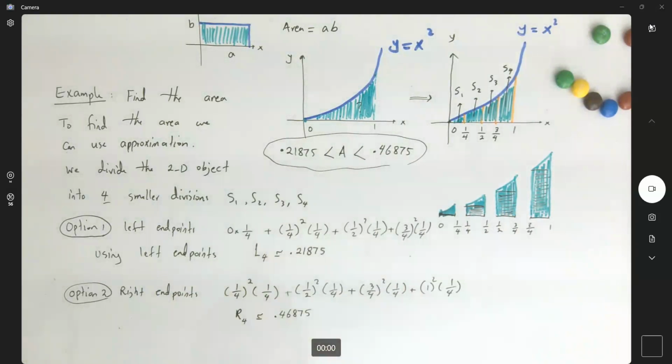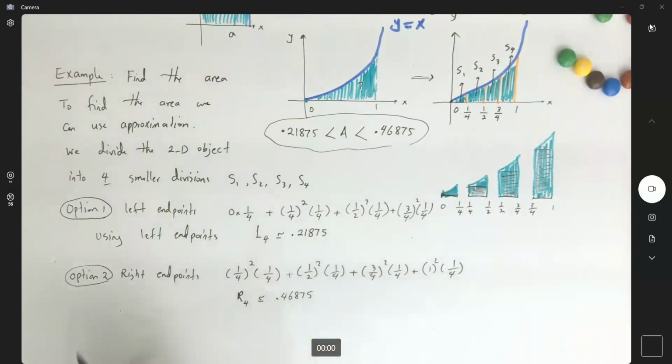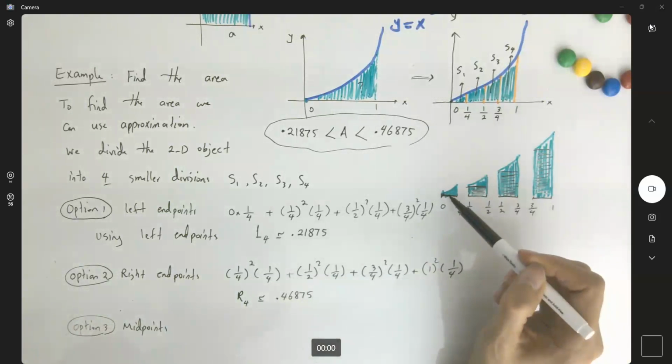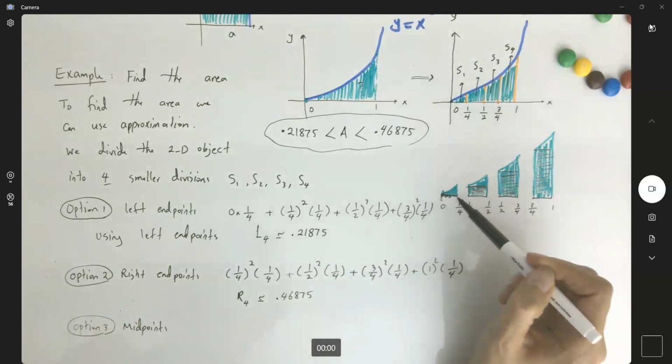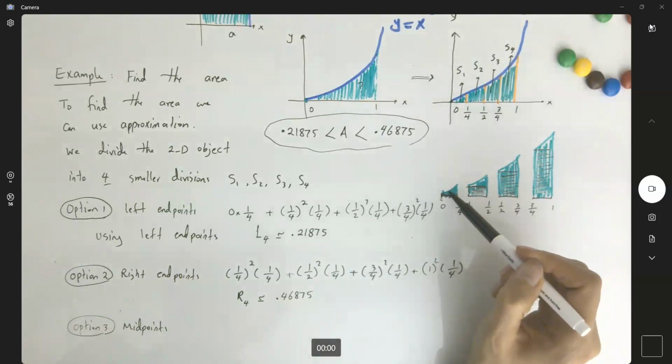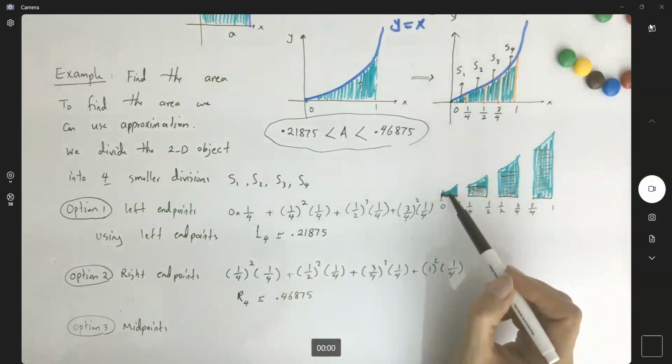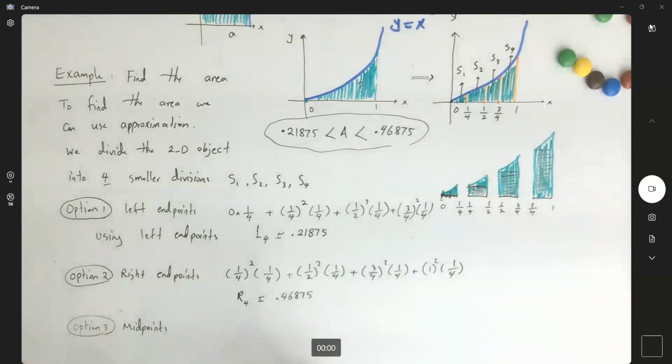Another option for you, option 3, is to use the midpoints. You take the midpoint of each of these little sub-intervals and plug those into the function to get the height.